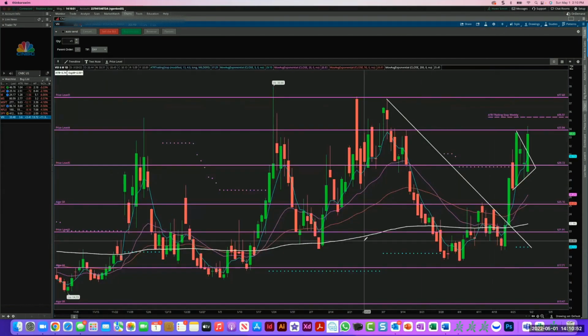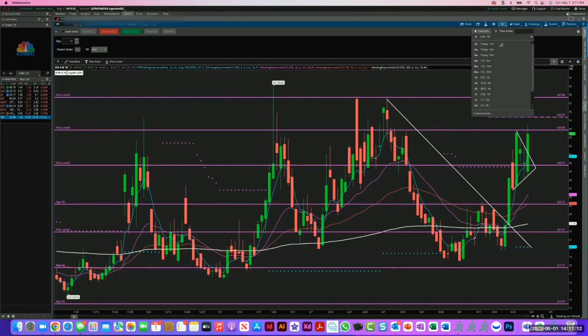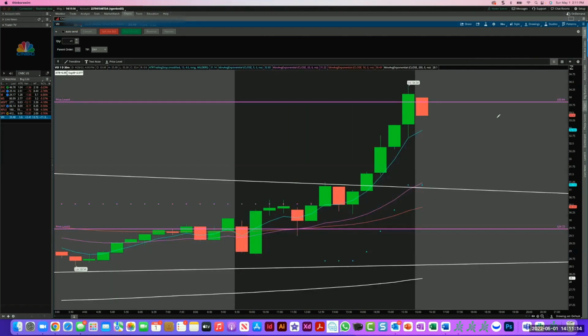At least that's what I'm seeing, given the fact that it broke out of this triangle to the upside here. It should find support on the 5-day EMA and continue to move up. We'll have a better look at what that looks like come Monday morning. But we do see that this resistance here is coming into play.